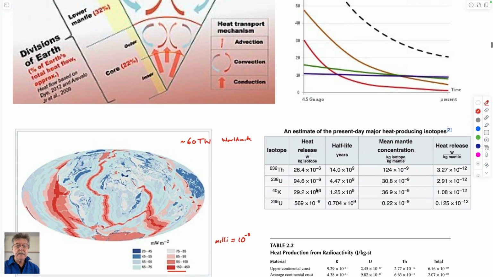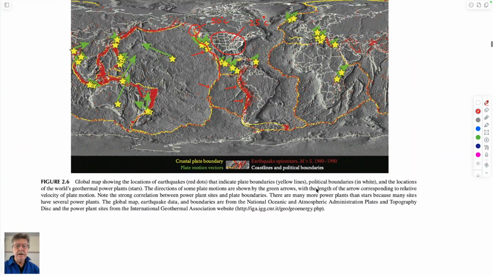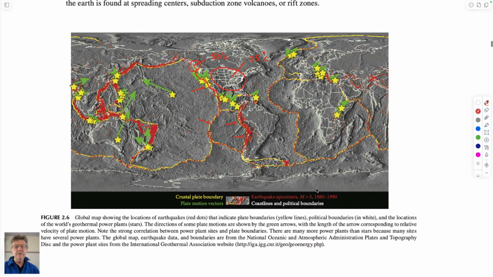We note that the other thing that relates to those plate boundaries is that not only is heat flux highest and the location of the molten rock highest elevated in the section, they're also host to most of the hydrothermal deposits around the world.